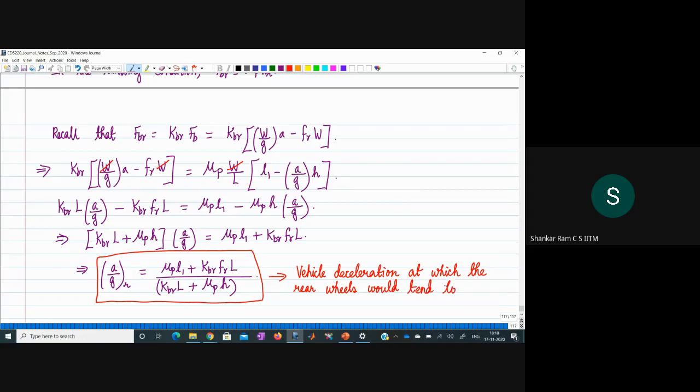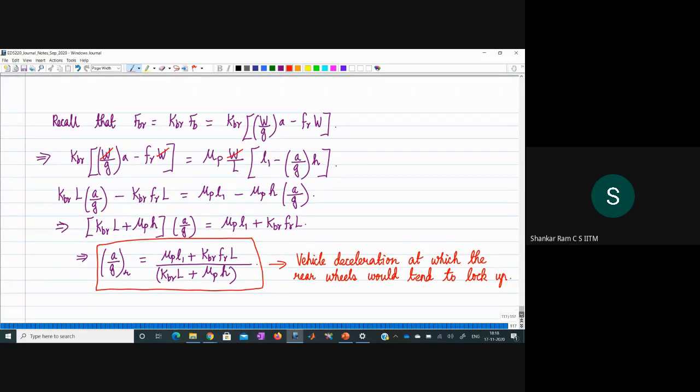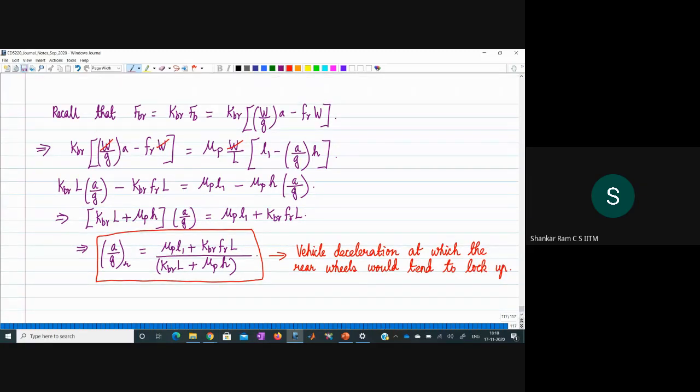This is the expression for A by g subscript R, and it gives us that value.